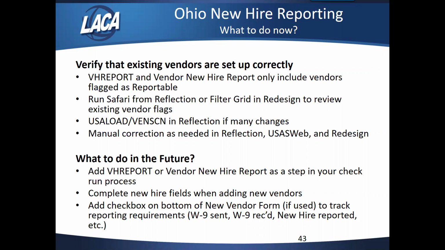If you need to modify the information, you can manually update it in Reflections, USAS Web, or Redesign, or in Classic. If you have a lot of changes that are needed, you can use the USAS Load Vend screen option to upload a modified CSV file.